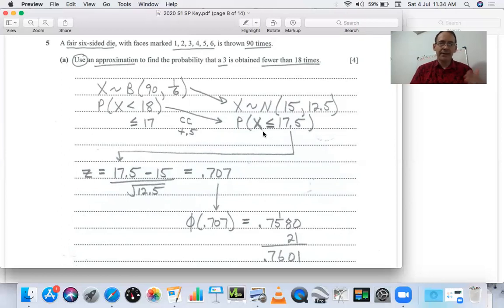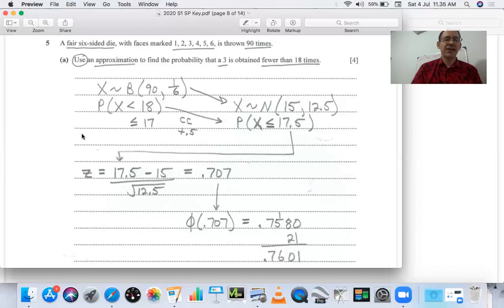Since we are going less than, and we need to include the 17, that means we need to take the right-hand value. In other words, we need to add 0.5 to it. So here's 17.